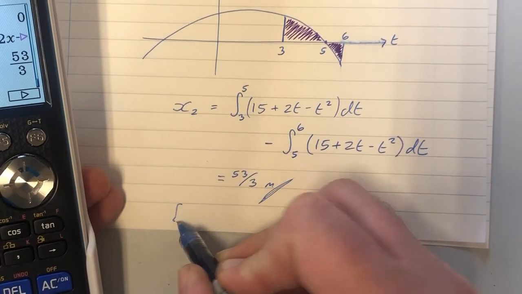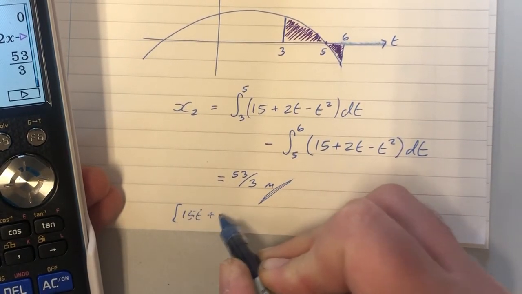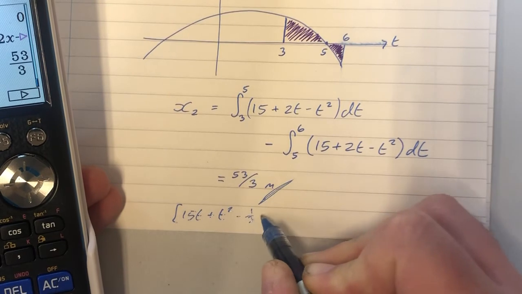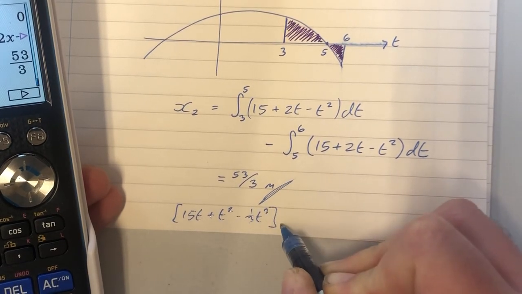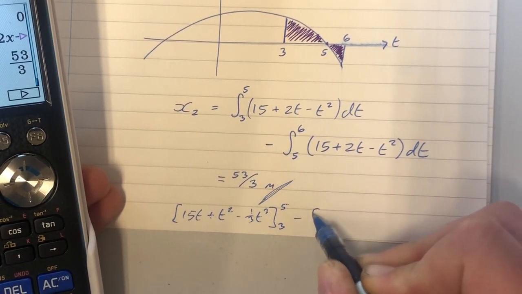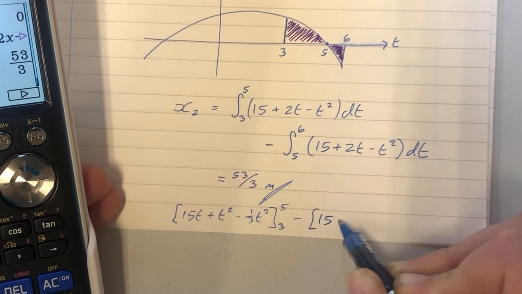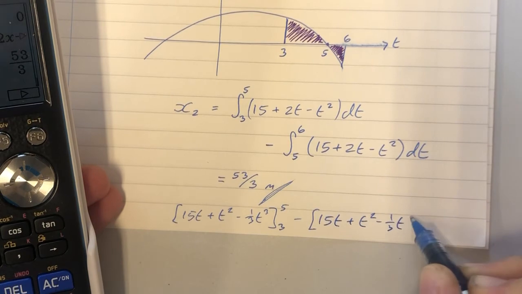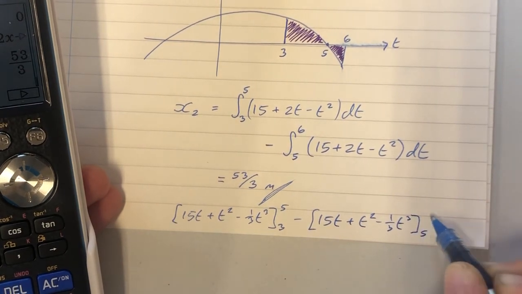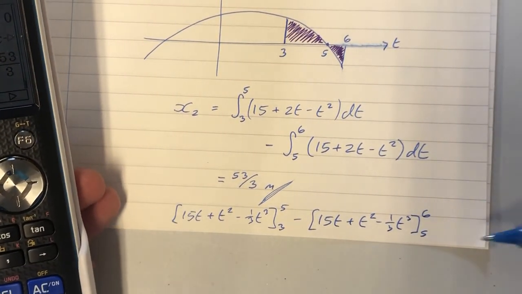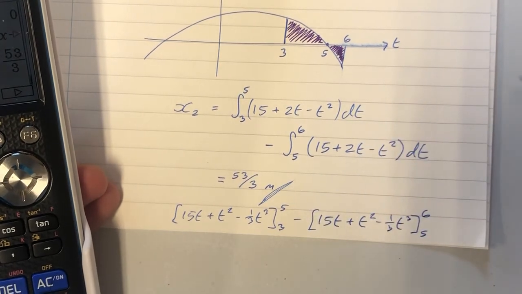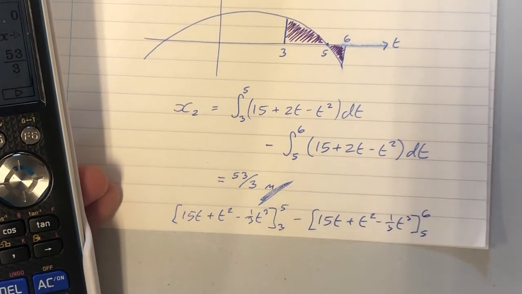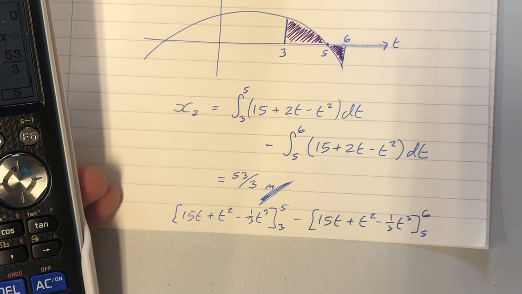So writing something like 15t plus t squared minus a third t cubed between 3 and 5, and then subtract 15t plus t squared minus a third t cubed between 5 and 6. Just so the examiner can see that you know how to evaluate these. But then you can use a calculator to give you the final answer.